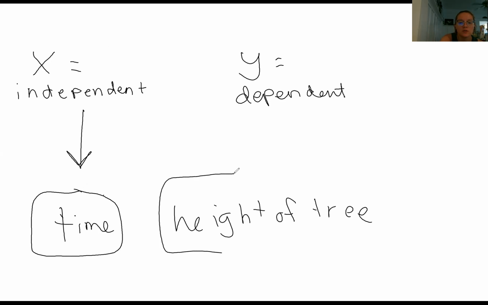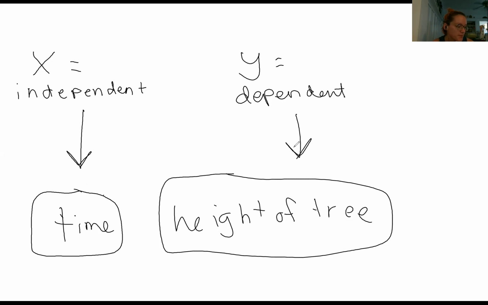And the height of the tree is our dependent variable, okay? Now, we are going to work on writing these equations, okay? So, for that, I'm going to clear this out and I will be right back for us to start solving.